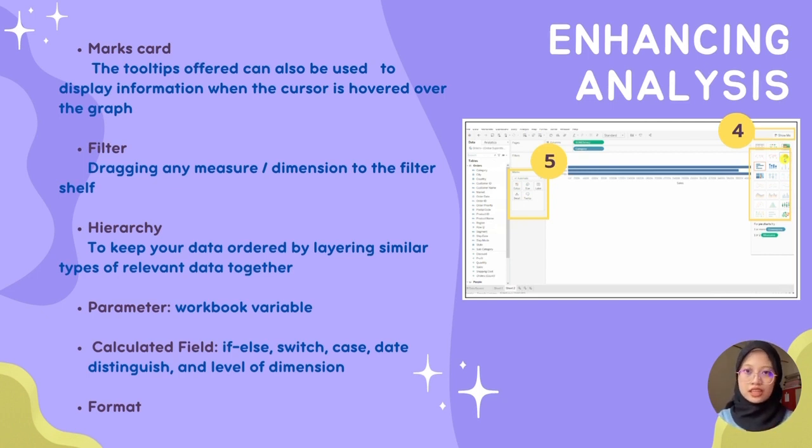For instance, there is a color button that is used to assign different colors to different categories and metrics. Besides, the details button also allows you to display extra information without changing the structure of the table and use that to show the data more specifically. The next one is filter. Filter is where you drag any measure and dimension to the filter shelf.